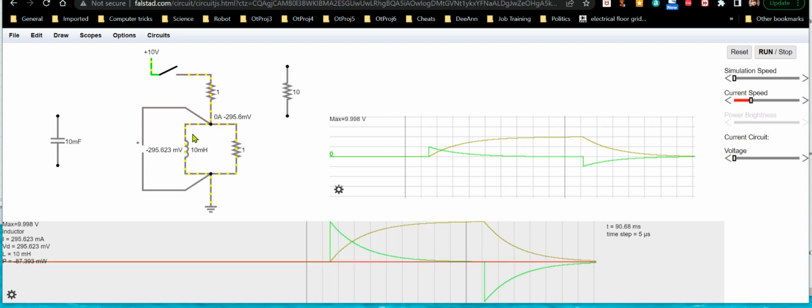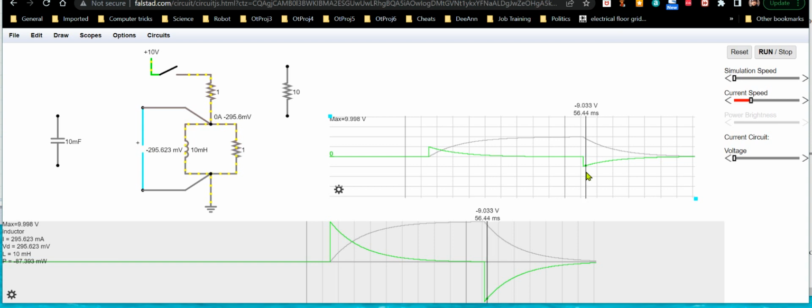So the inductor is acting like a source of current now, not a sink of current. It has to flip its direction because it wants to keep its current constant, so it can flow around this loop. So it had to flip its sign to do that, and you see that the voltage flips instantly. I don't know how the speed of light factors into this, but it's like an instant thing.